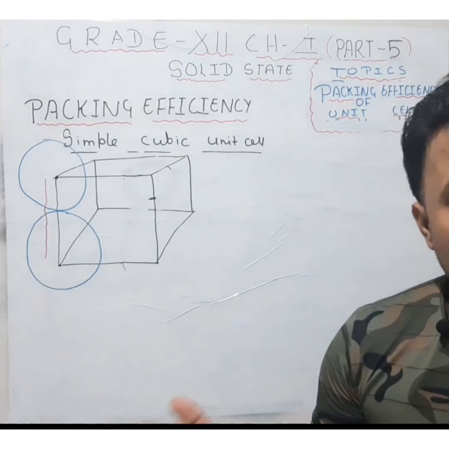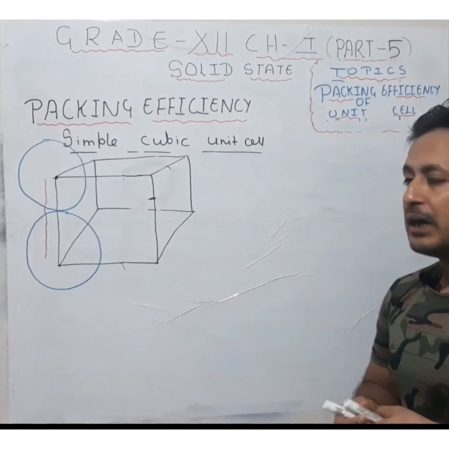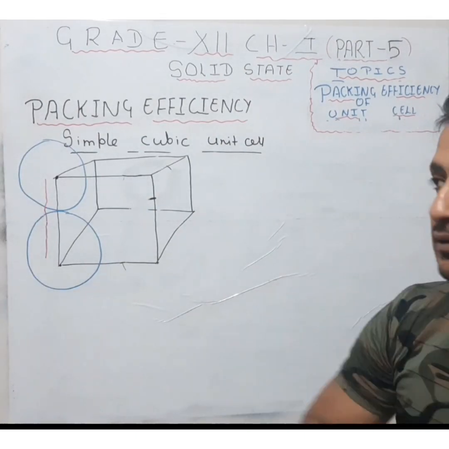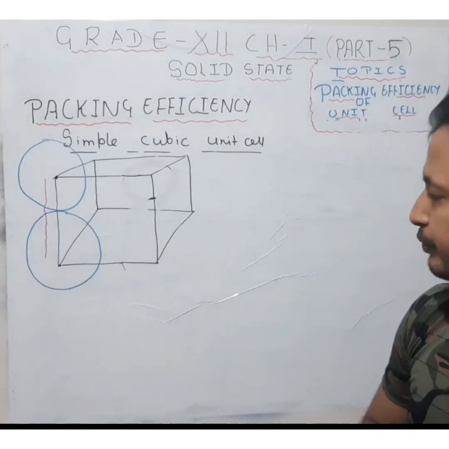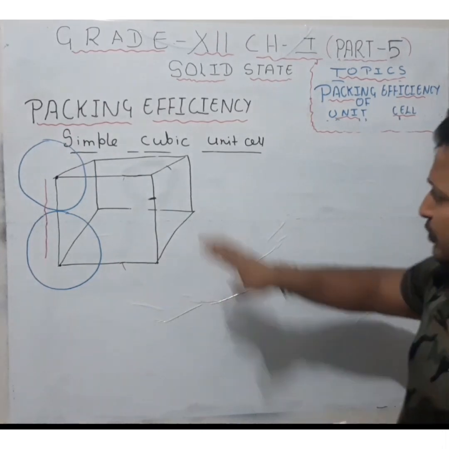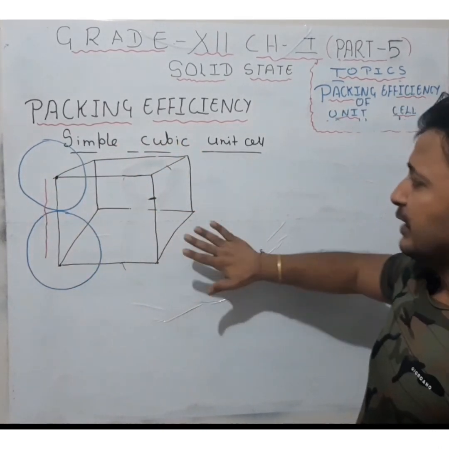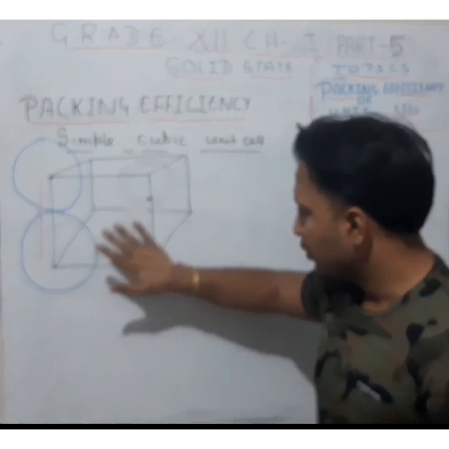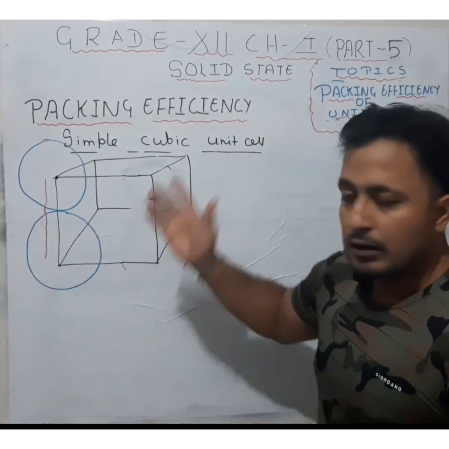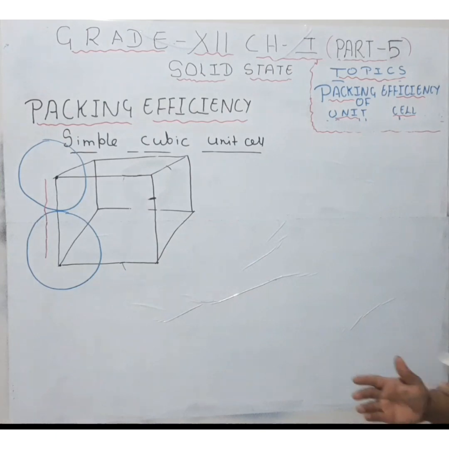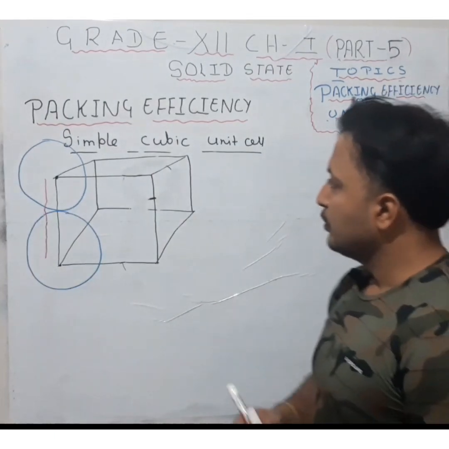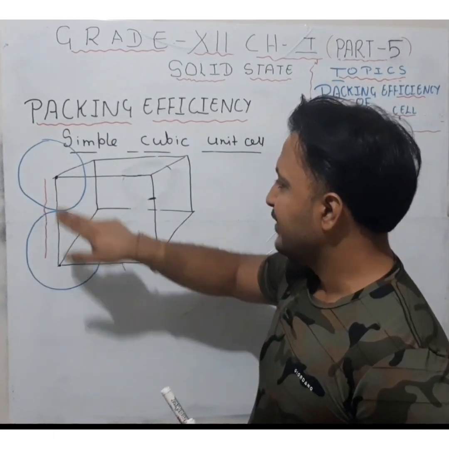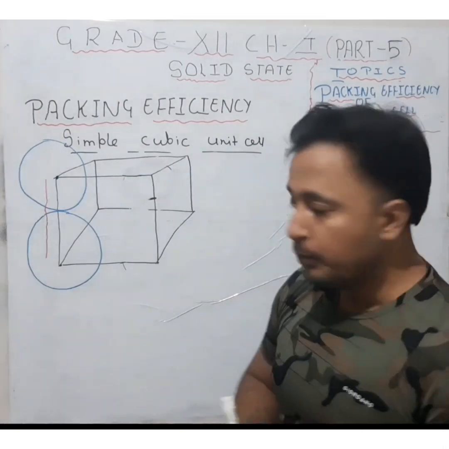Simple cubic unit cell, we all know, is the type of unit cell where the constituent particles are occupying the corner positions. Now see, suppose this is a simple cubic unit cell and these are the corner particles occupying the corner positions. Now we consider every particle as a sphere, so the centers of the spheres will be at the corners of the cube.